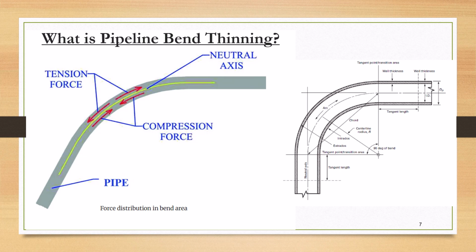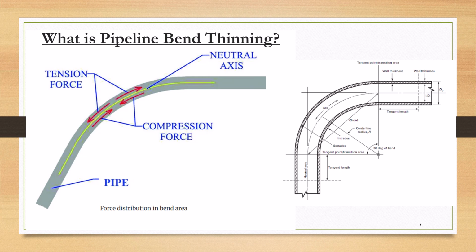Now, the definition of pipeline bend thinning. I already explained in the first one that during the bending action, the outside radius, or the part adjacent to the neutral axis towards the upper side, gets elongated, and because of this elongation the thickness reduces to some extent.